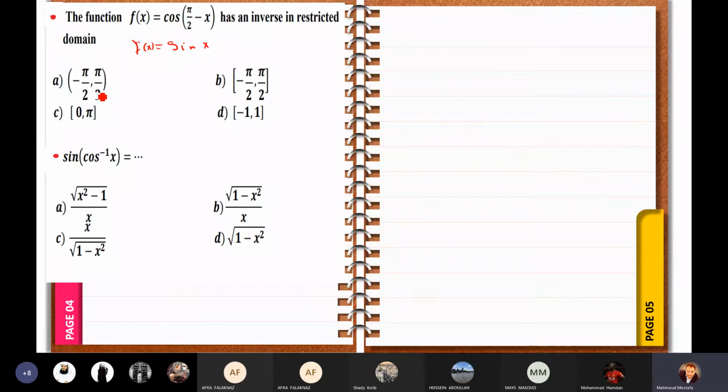Negative pi over 2 to pi over 2 open, or the closed negative pi over 2 to pi over 2, or 0 to pi, or negative 1 and 1. I need your answers. Who can answer this one? Is it A? Yes, it's A.